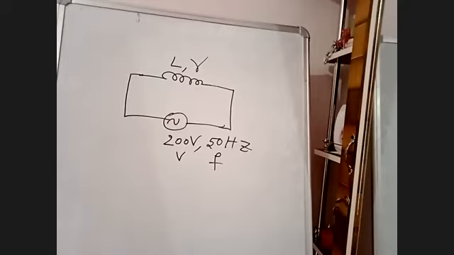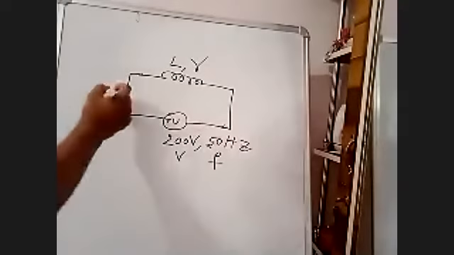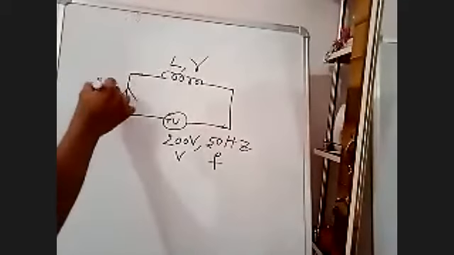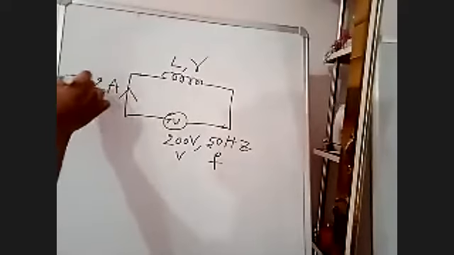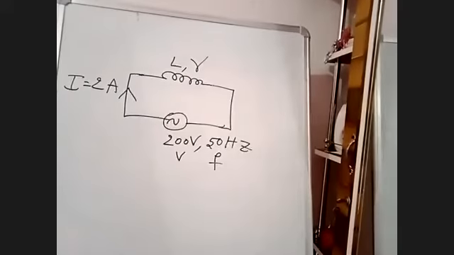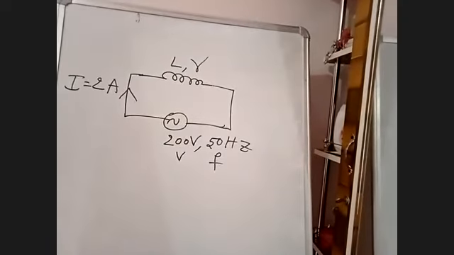What is the current flowing in this choke coil? 2 ampere. First, you have to draw the circuit in the exam so that you can understand what is given in the problem.